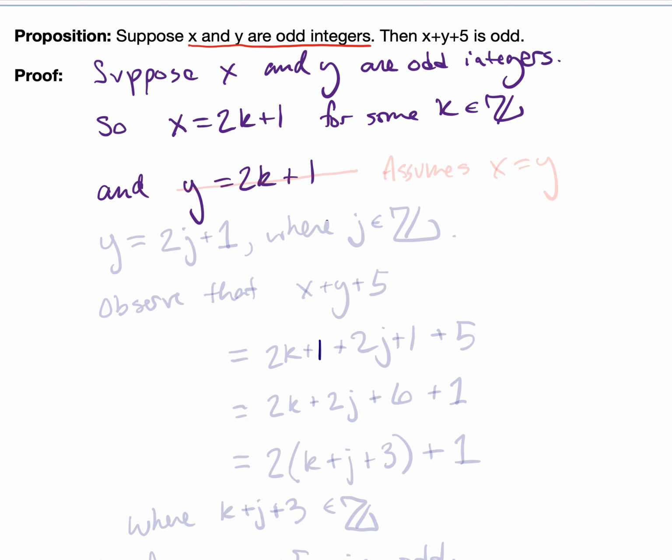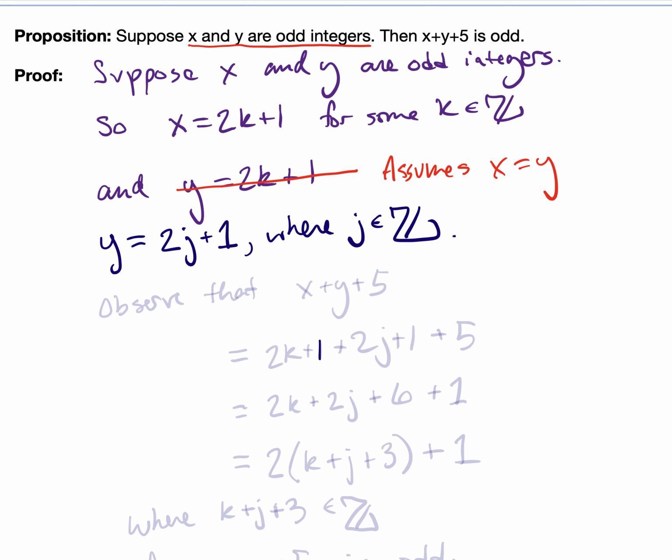Here, 2k plus 1 and 2k plus 1 are odd, but assuming this as well assumes that x is actually equal to y, not just that they're two odd integers, but that they would be two odd integers that are equal to one another. So we need to assume that y is equal to 2 times some new variable, like j, plus 1, where j is an element of the integers.